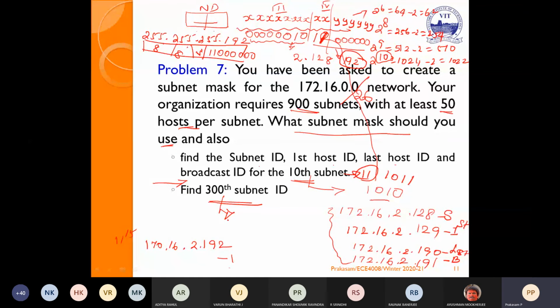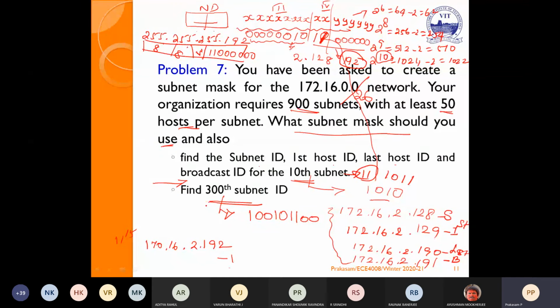Convert this into binary. What is the binary for 300? 100101100.